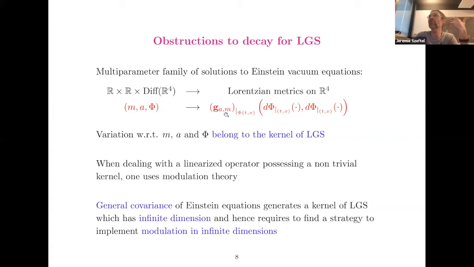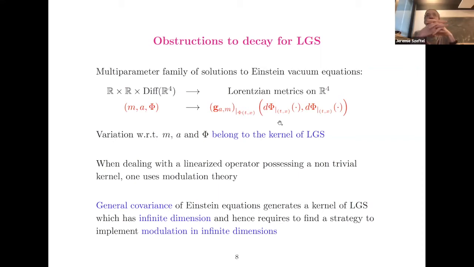And as I told you earlier, you have general covariance, which allows you to cook up for any diffeomorphism a new solution, simply by taking the pullback of the metric. This is the kind of formula, here I will write it in coordinates, that you get. In other words, g_{M,a} is a solution, but if I compose it with this transformation, it's again a solution.